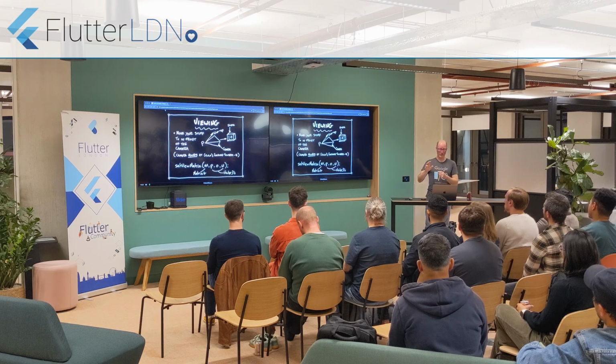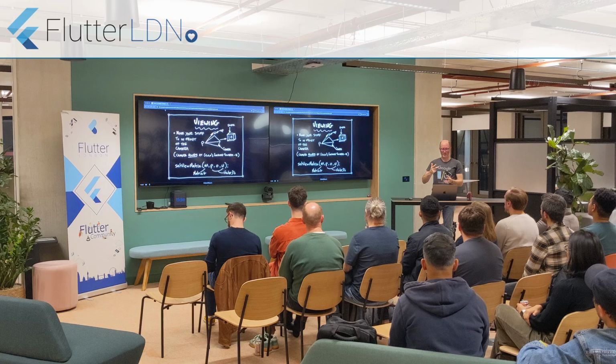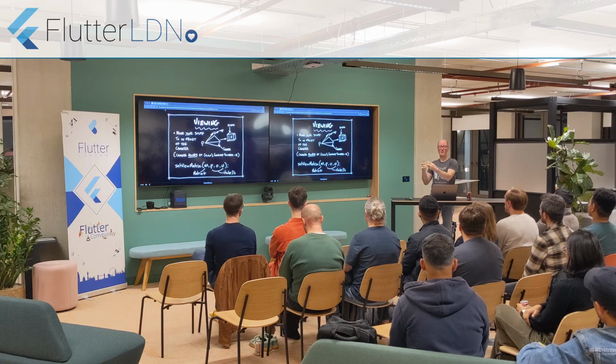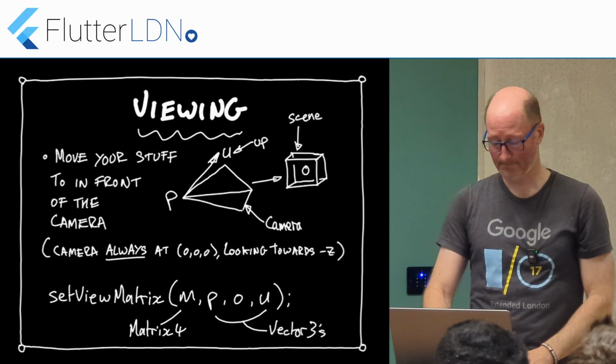Remember we had X, Y, and Z in our world. The camera is always at your origin, and it always faces down the z-axis. What you're doing when you move the camera is really moving what you're looking at to in front of the camera, rather than moving the camera to where you are. That's how the transformation works. So setting a view matrix is really setting an inverse matrix to move the world to where you want it, so you can see it. That's common across graphical programming.